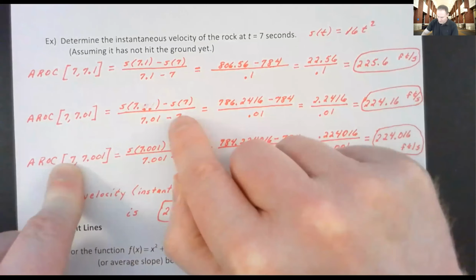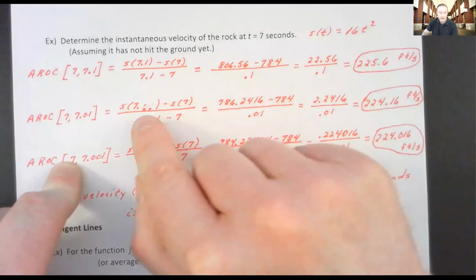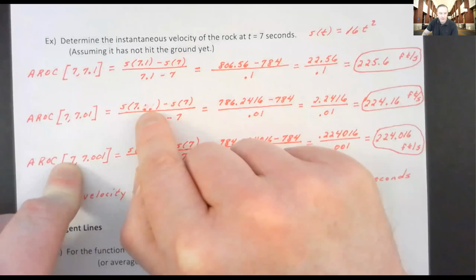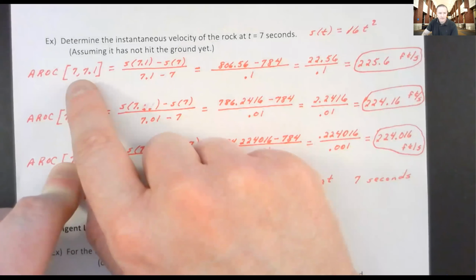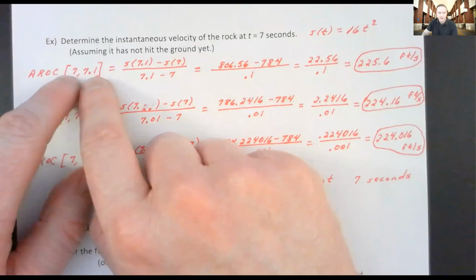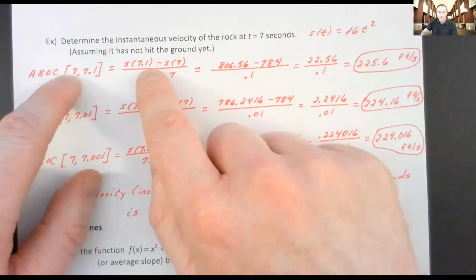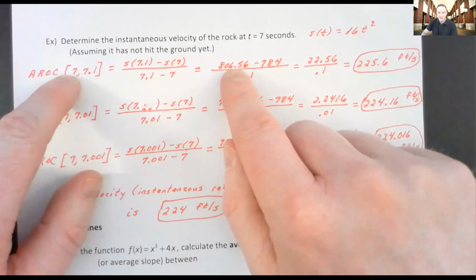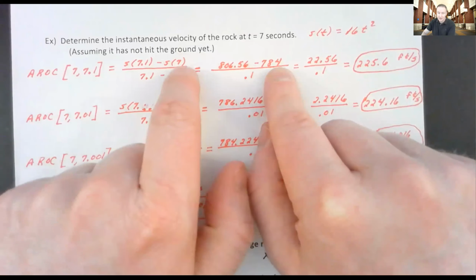Now, this 7.01 didn't show up very well there, but this is S of 7.01, the ink smeared. So when I'm looking at this one, I can say for this first one between 7 and 7.1, the position at 7.1 gave me 806.56, minus my initial position at 7.